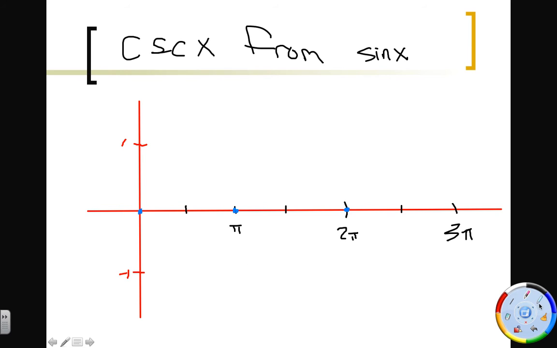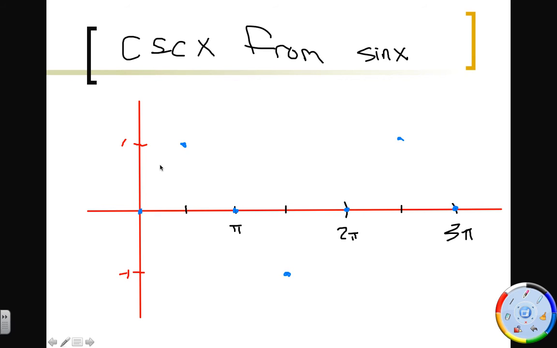All right, so it goes up first and down second. Now what I'm going to do is continue this pattern to the right all the way over to 3 pi. You'll see why in a minute. All right.